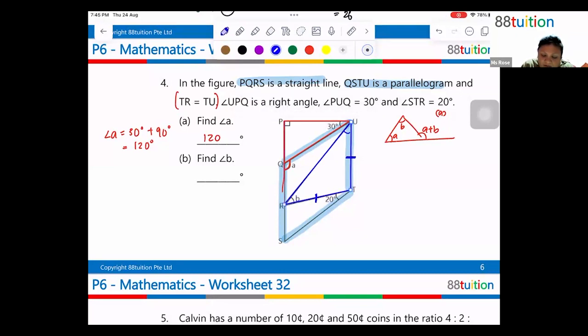So if this is B, that means this angle must also be B. We have a parallelogram, right?